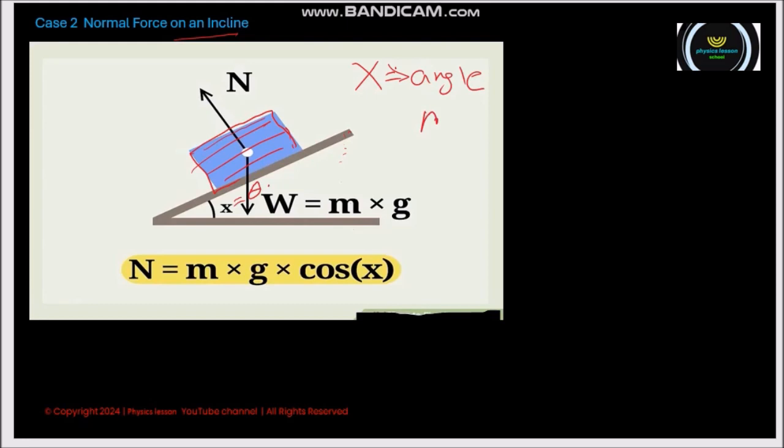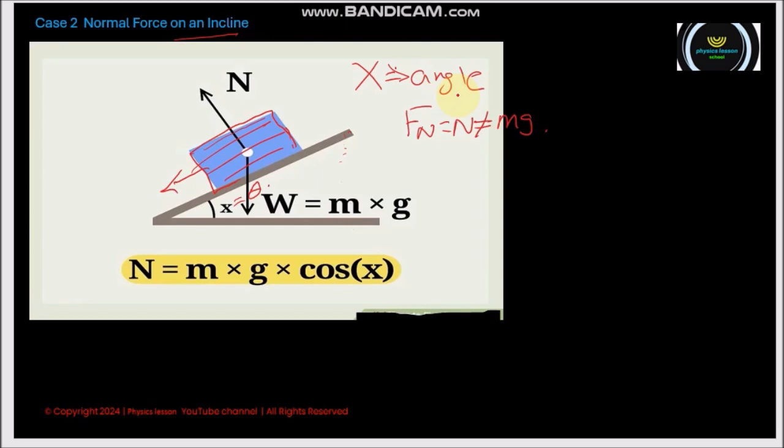Why? The normal force n is different from mg because the object is on the inclined plane and may show some sliding.